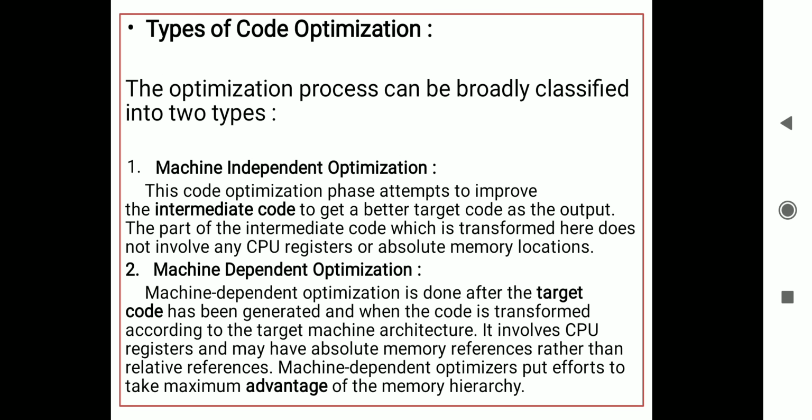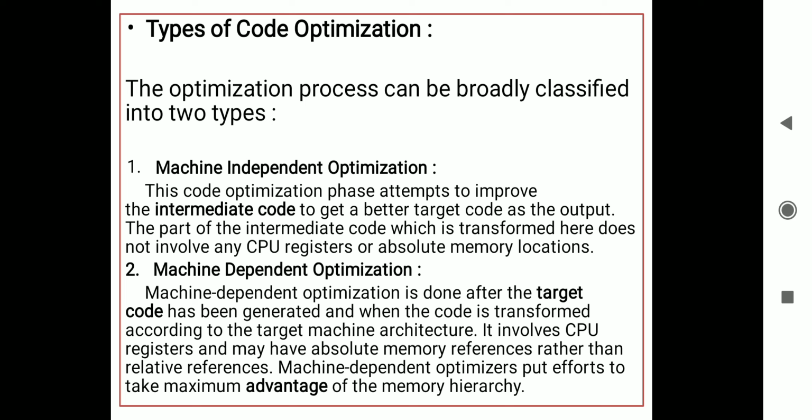So basically there are two different types of optimization we can perform. The first one is machine independent optimization, and the second one is machine dependent optimization. Machine independent optimization attempts to improve the intermediate code to get a better target code as the output.